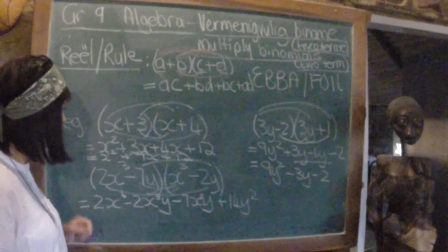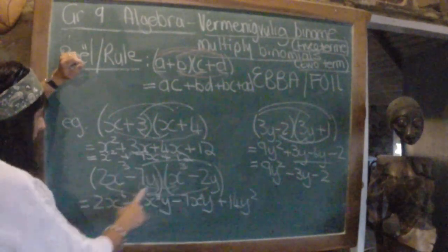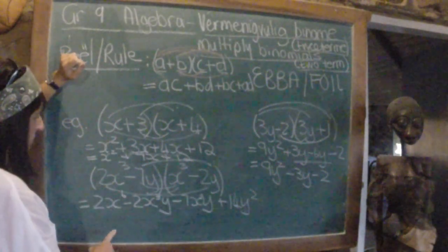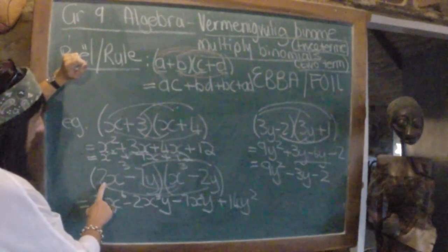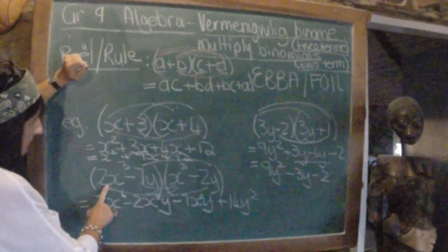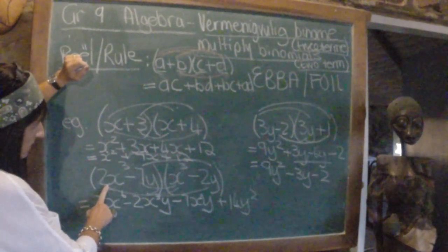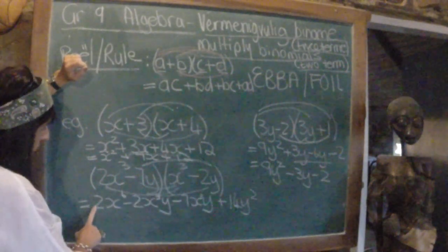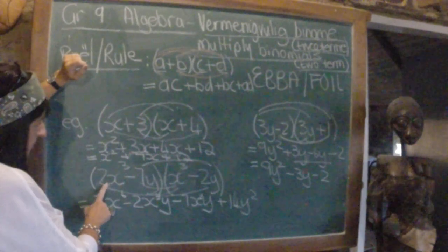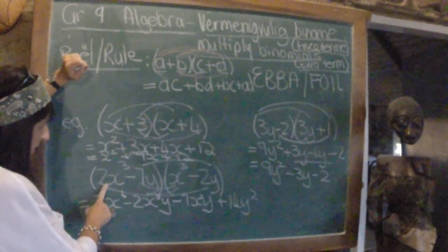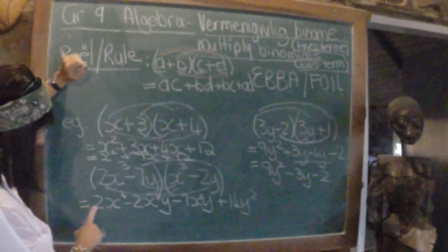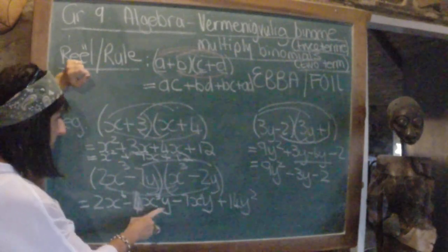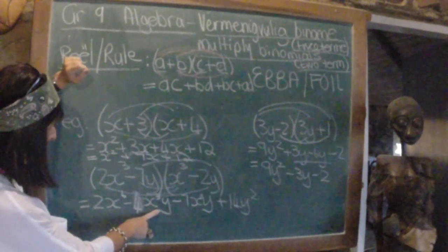Okay, let's do the FOIL method first. 2x cubed times x cubed gives you 2x to the power of 6. 2x cubed times minus 2y gives you minus 4, not 2, x cubed y.